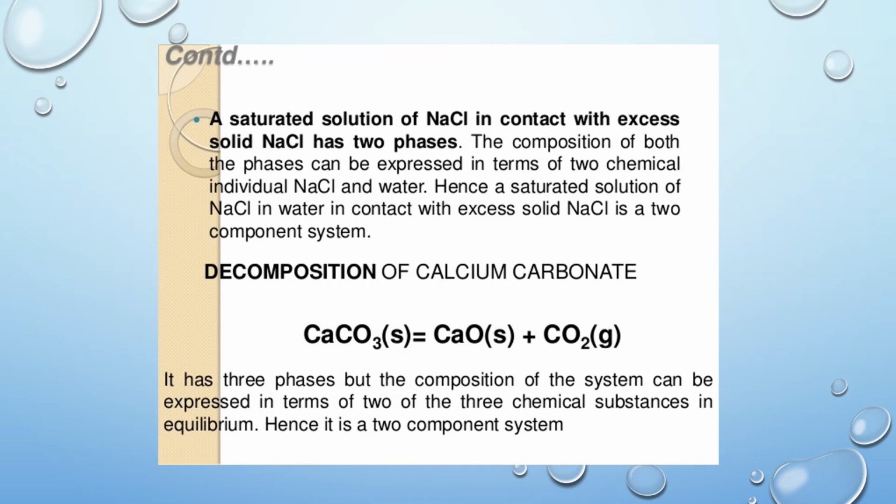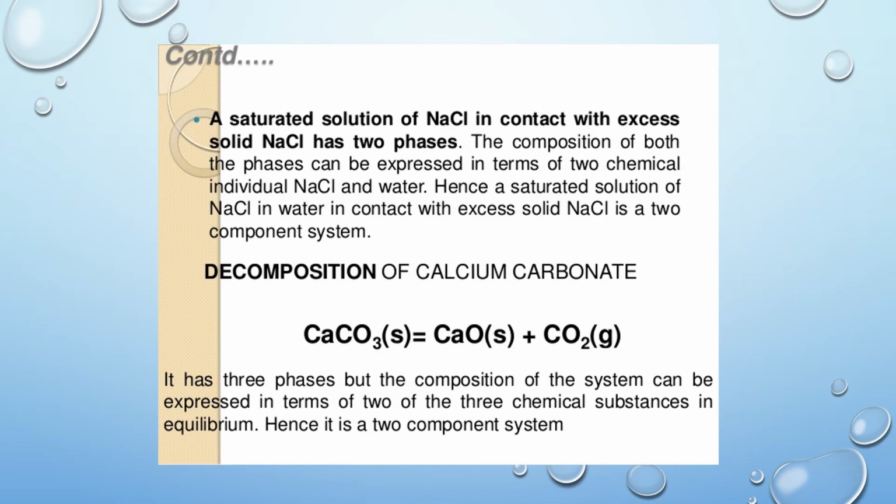Another example is decomposition of calcium carbonate. The case of dissociation of calcium carbonate is rather complicated. Consider the decomposition of calcium carbonate, that is, calcium carbonate solid gives calcium oxide solid and carbon dioxide gas. The composition of all the three phases can be expressed in terms of any two of the components.